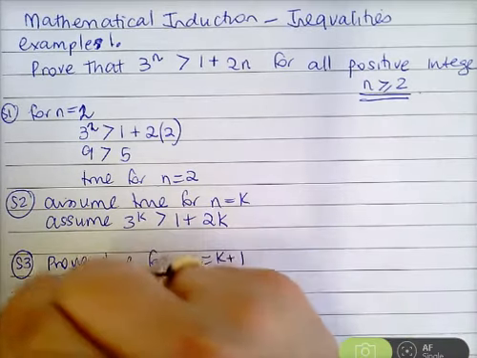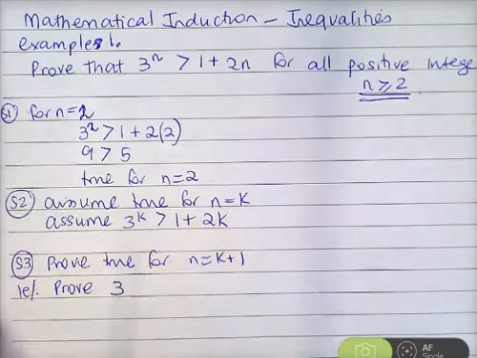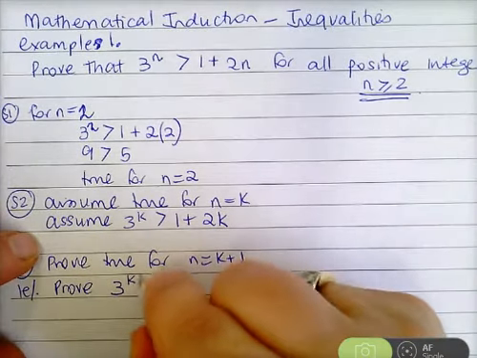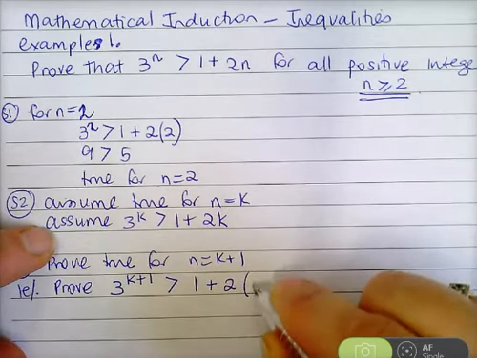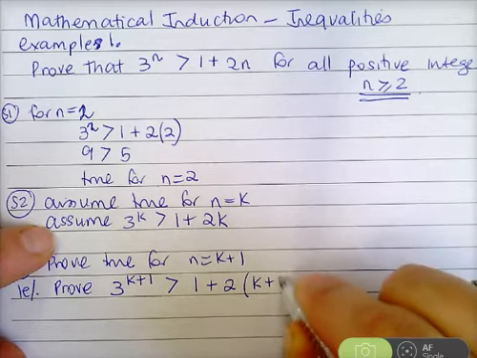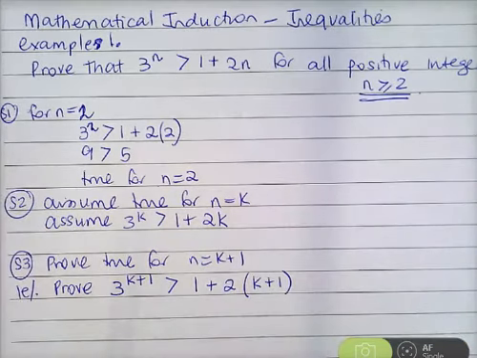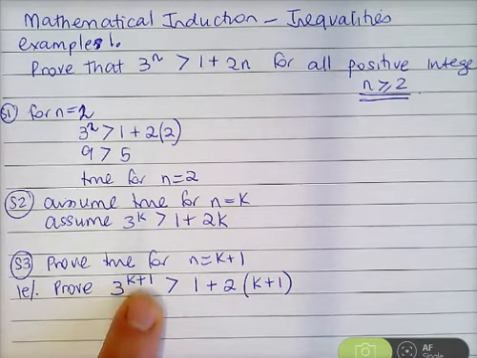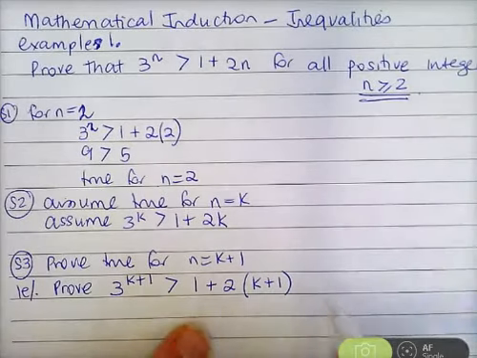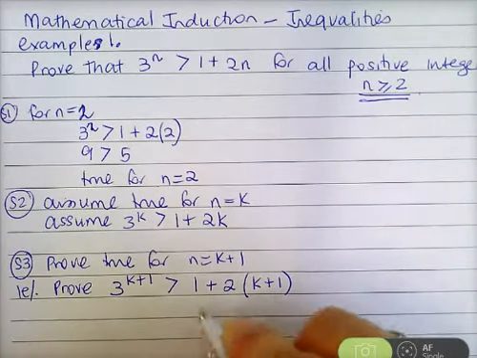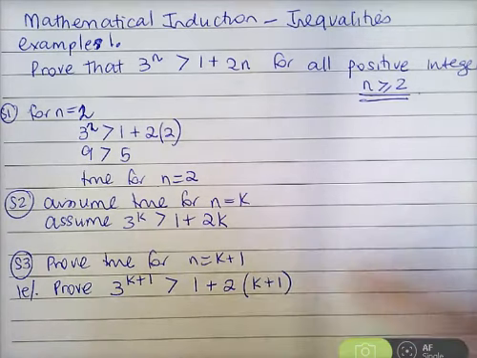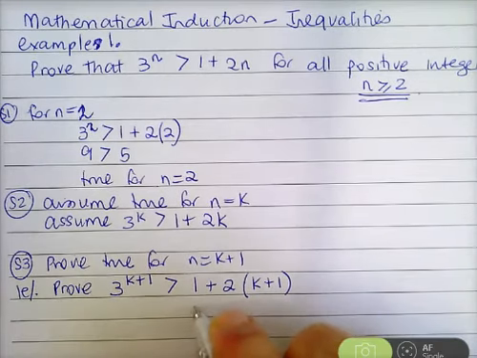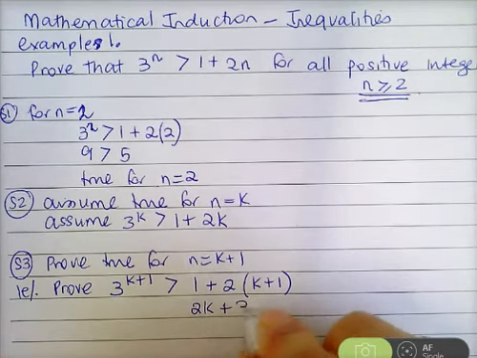That is, we are trying to prove that 3 to the k plus 1 is greater than 1 plus 2 times k plus 1, which really is 1 plus 2k plus 2, which is 2k plus 3. That is, we're trying to prove that 3 to the power of k plus 1 is greater than 2k plus 3.